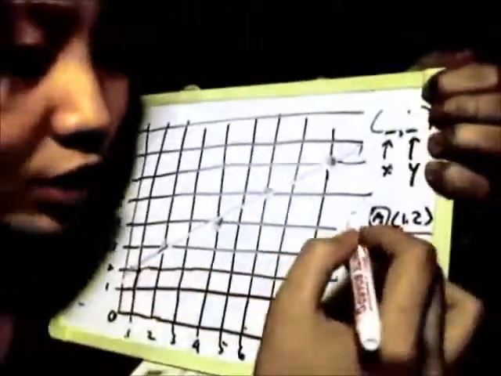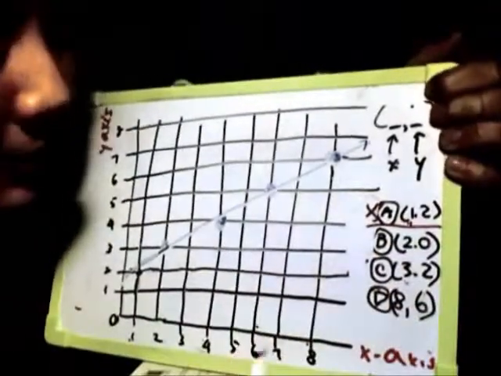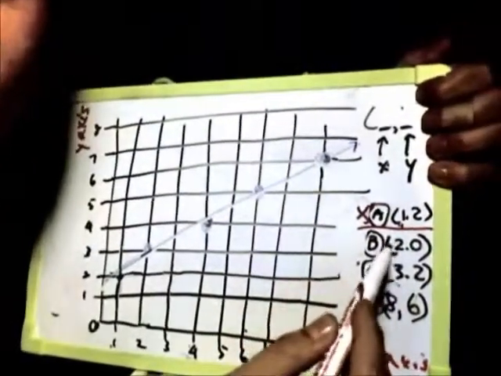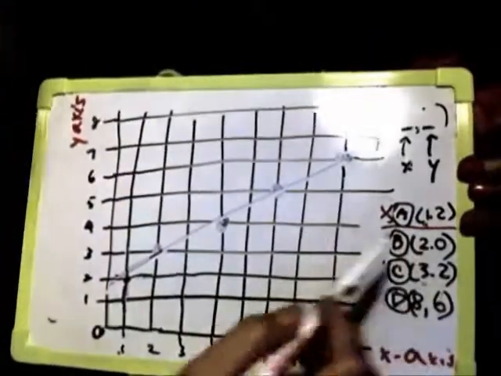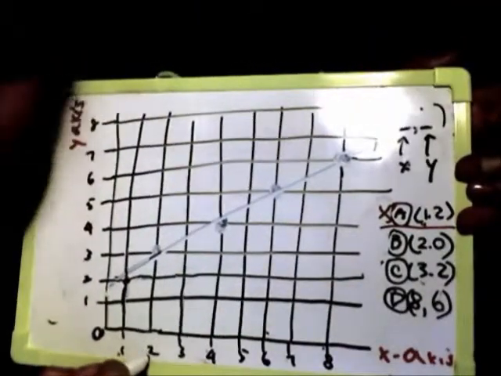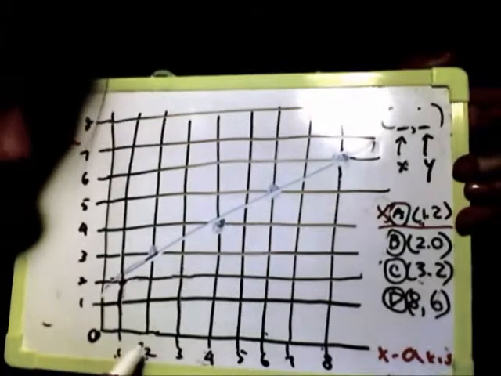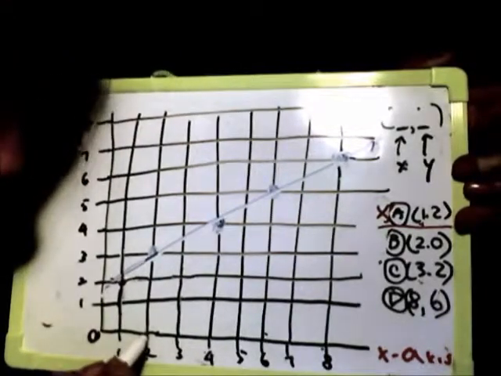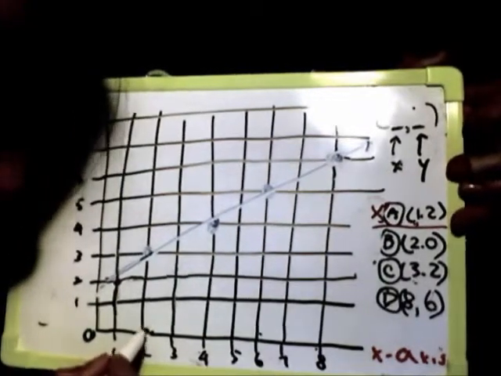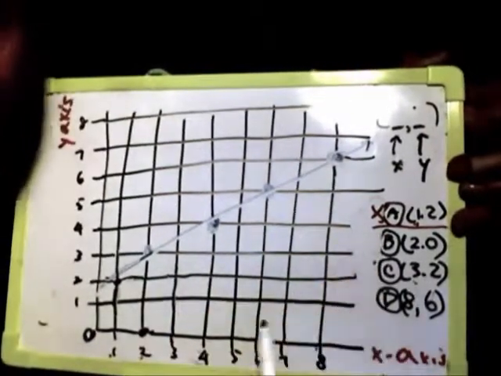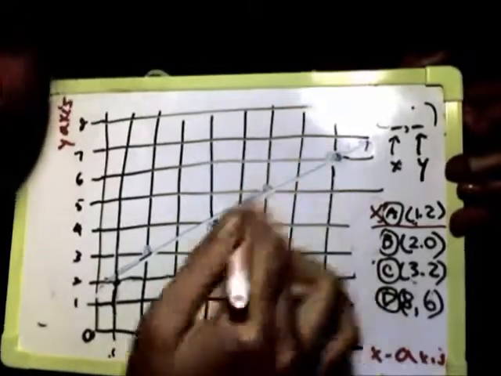So let's try another one. The second one says 2, 0. The first number is 2, so find 2 on the x-axis, and then 0. Oh, the 0 is right here. This isn't really on the line.